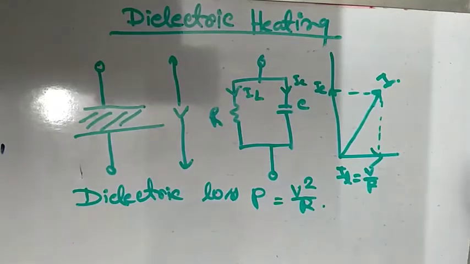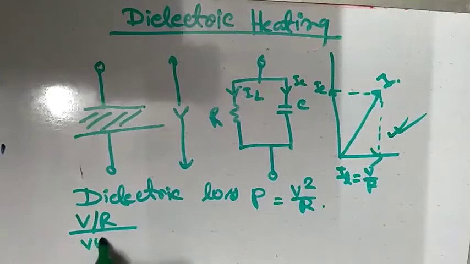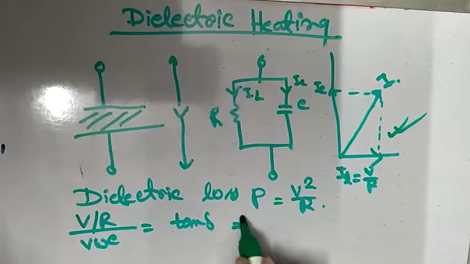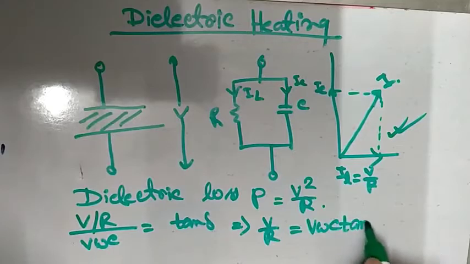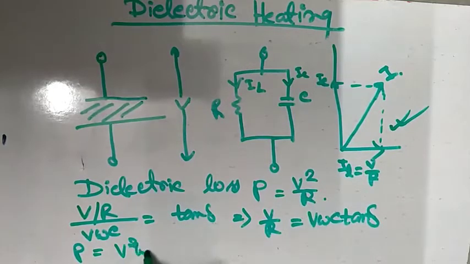So from the phasor diagram, it is clear that (V by R) by (V omega C) is equal to tan delta. So V by R is equal to V omega C tan delta. Therefore, P is equal to V square omega C tan delta.